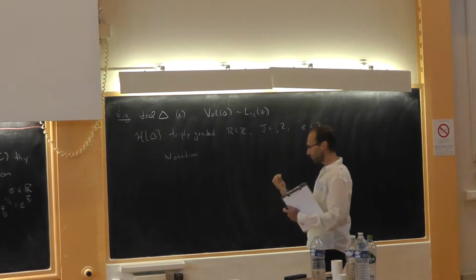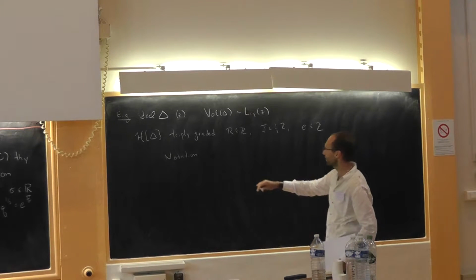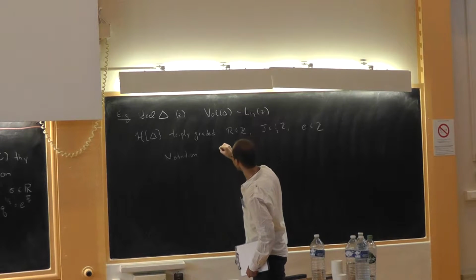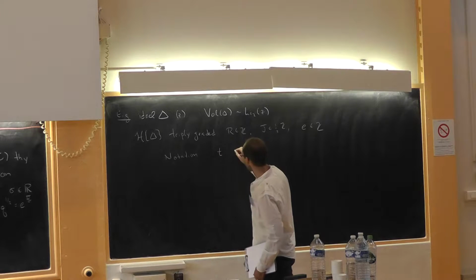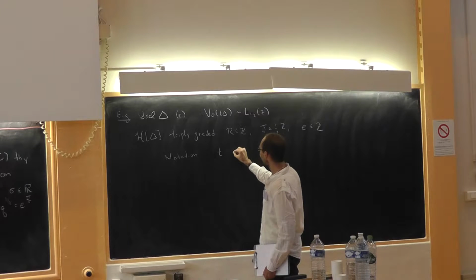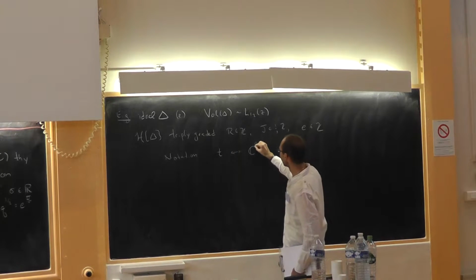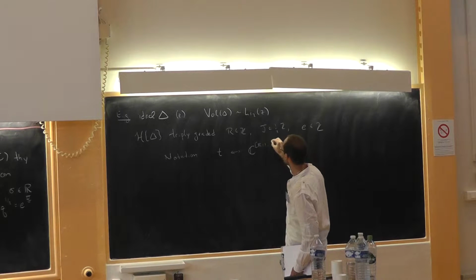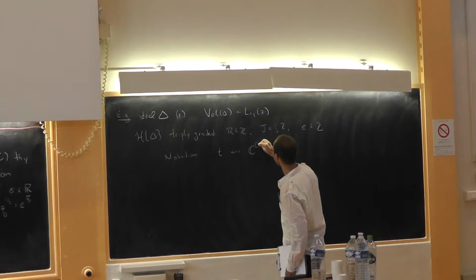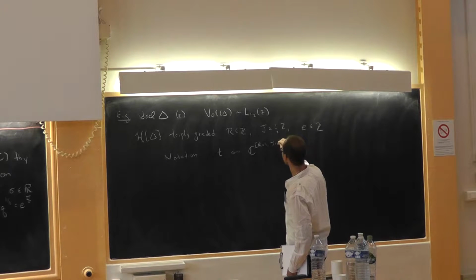In order to speak easily about these graded spaces, I'm going to denote lines by their characters. So I'll use T to denote a copy of C in R grading 1, homological grading 1, with the other grading 0.